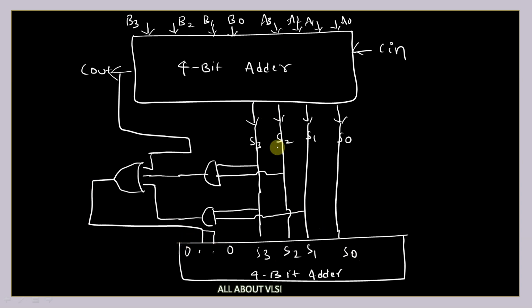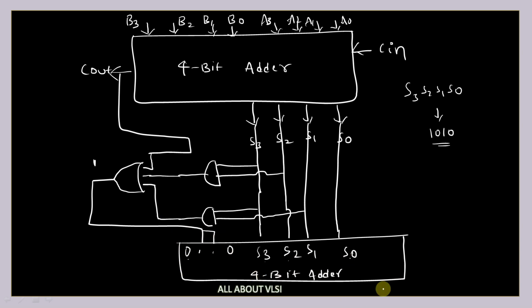So if we are getting an invalid code, that is if S3, S2, S1, S0 is, let's say, 1010, it is an invalid code. That means it will become 1 here. So if it is an invalid code, we are going to get 1 here. That means our S3, S2, S1, S0 will be added with 0, 1, 1, 0. So basically we are adding our output sum with 0110. That's it.